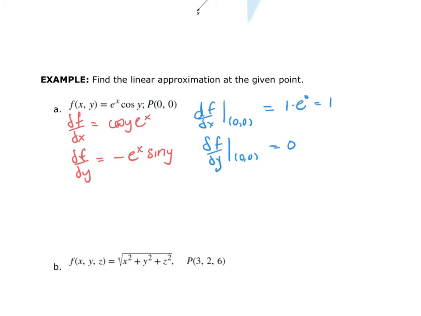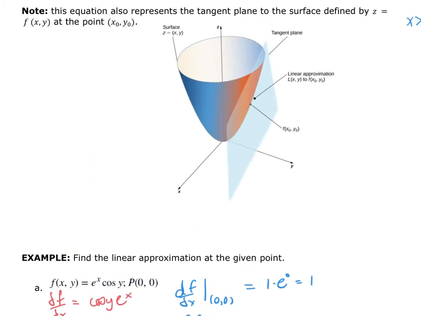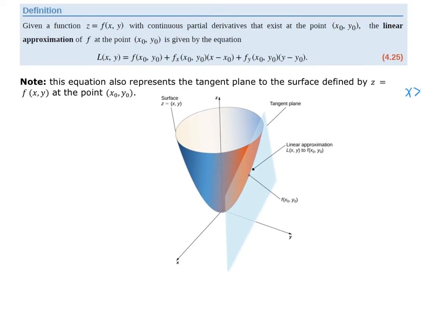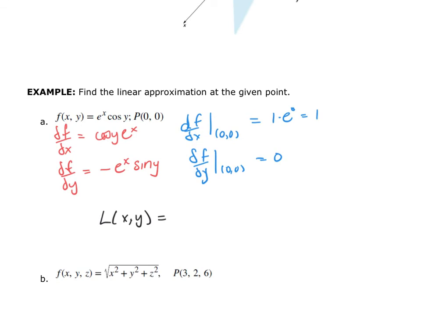Now, my linear approximation, L of x, y, is going to be equal to my starting point, f of x naught, y naught. Now, I didn't have x naught, y naught, so I better do f of 0, 0. I have the cosine of 0 times e to the 0, which happens to be 1. So that's that part.